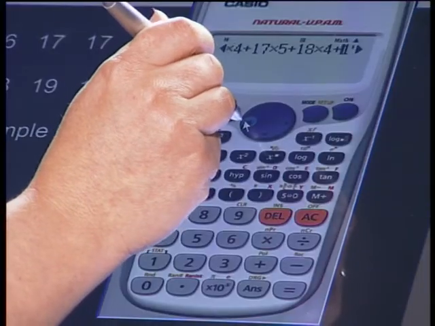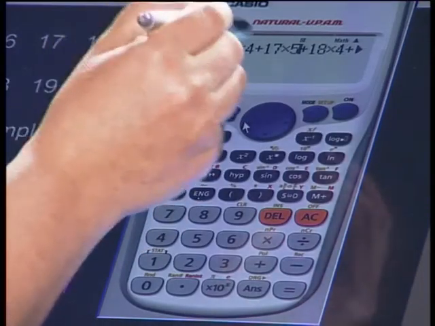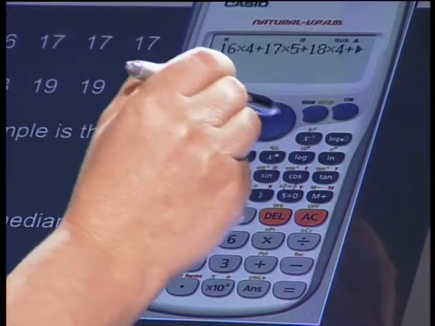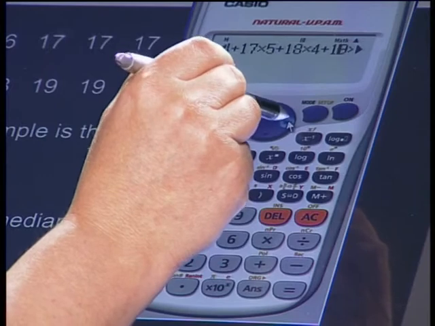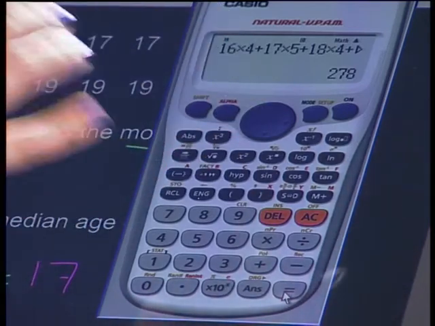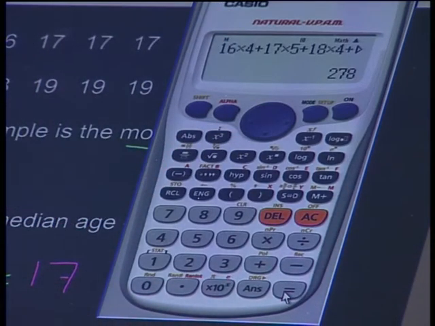So let's just go back and double check my calculations. I've multiplied the first, then added, multiplied, then added, multiplied, and finally I have added and then multiplied. So my answer should be totally correct now, 278. It also makes it easier for you to not miss out a number.